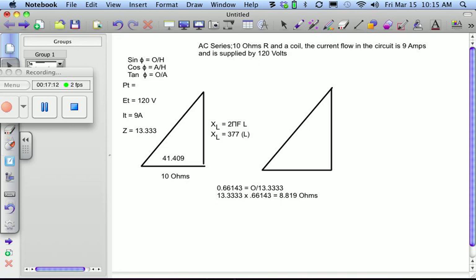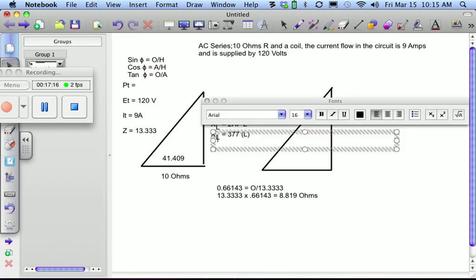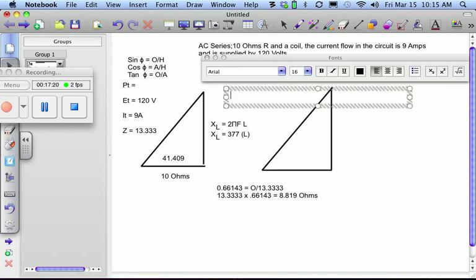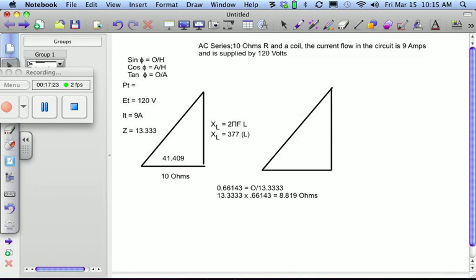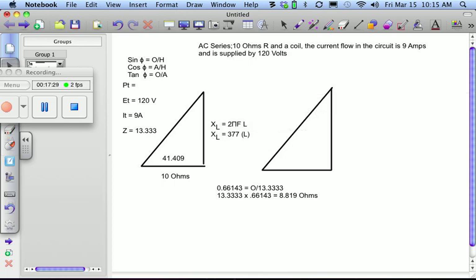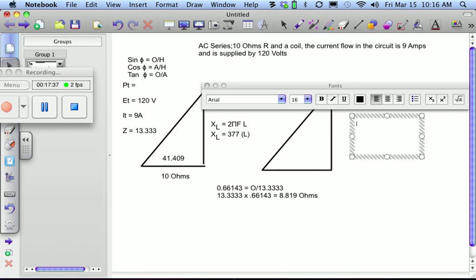Let's go back. All we need to find now is our X sub L, right? So now, if we can get back into this thing, I hope. No, I guess not. So anyway, let's just go here and start a new one. How's that?